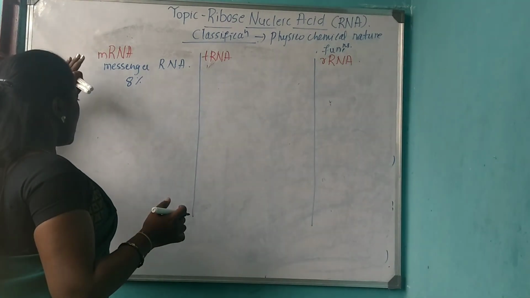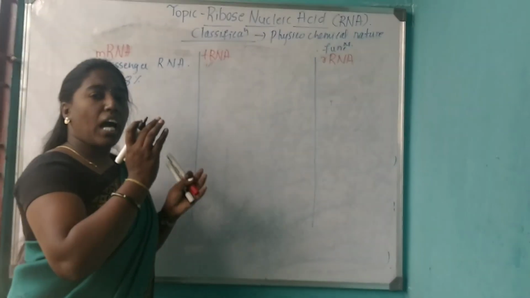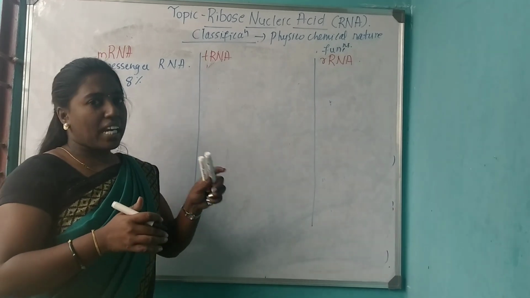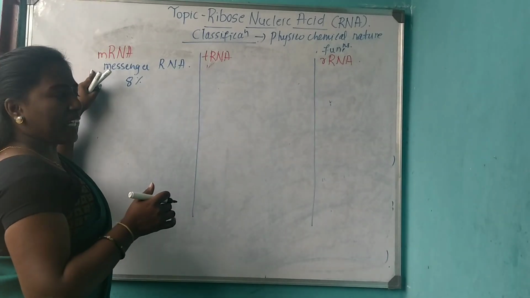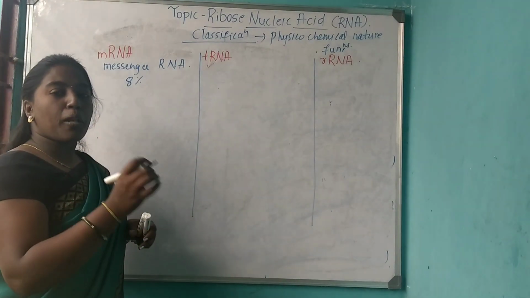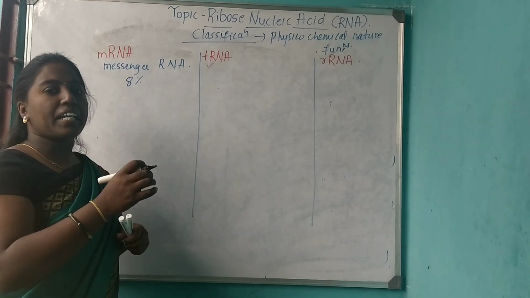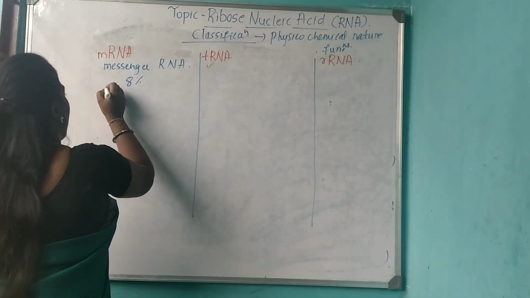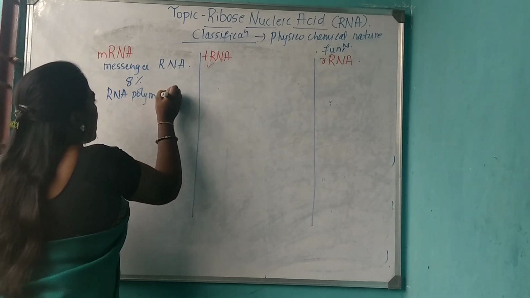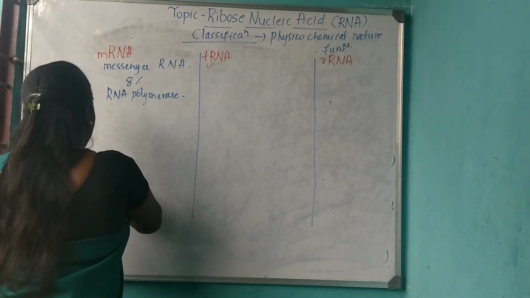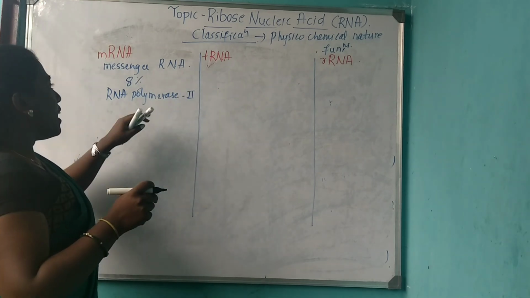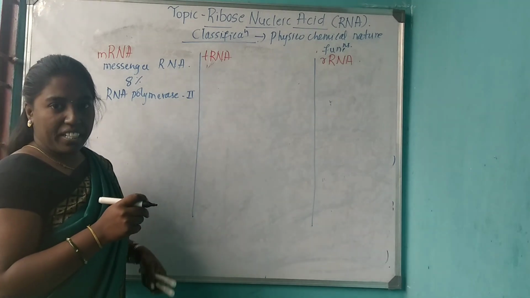As we know, RNAs are synthesized from DNA by a process called transcription. mRNA is synthesized from DNA with the help of an enzyme called RNA polymerase 2.